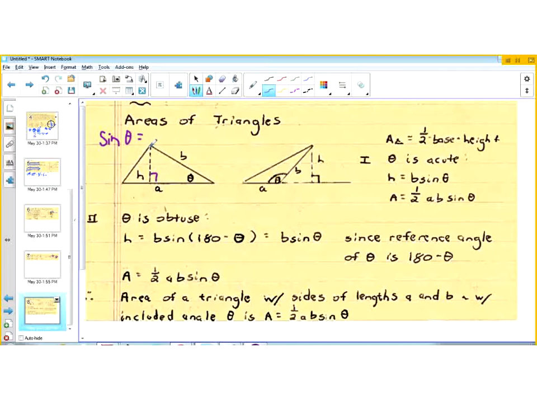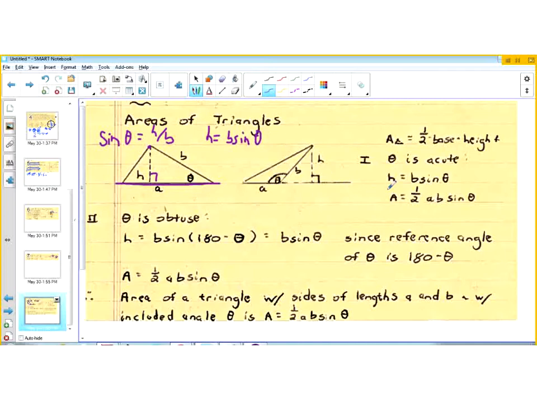And so h is a perpendicular drop from the vertex here to the line here. By geometry we know that this perpendicular is unique. So the sine of theta becomes h over b, where b essentially becomes a hypotenuse. And then h, the altitude of the triangle, is equal to b sine theta.